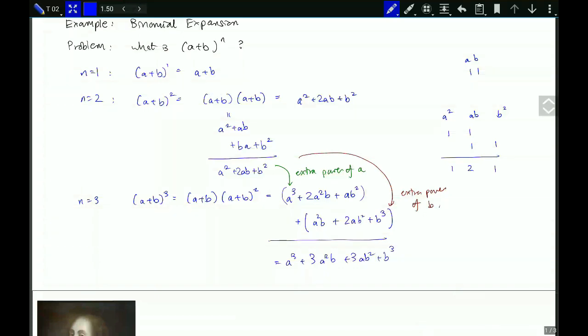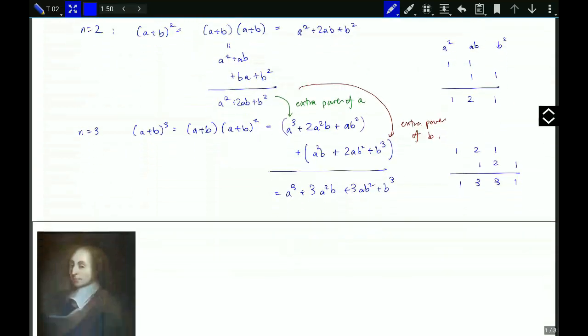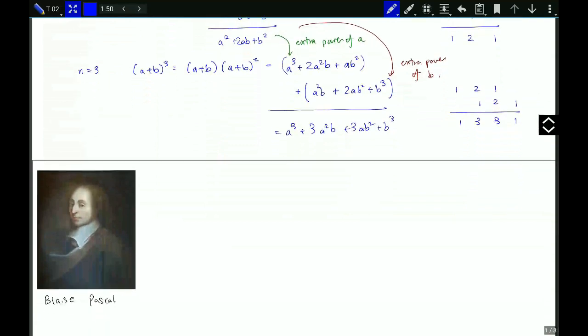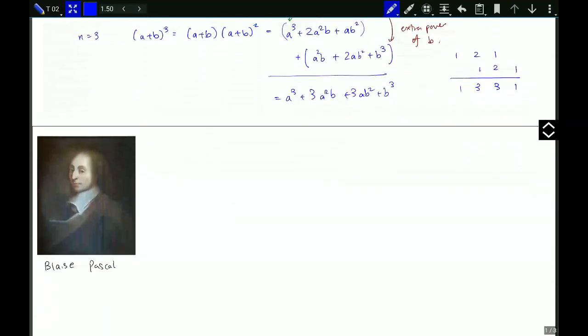And we can see under this monomial format, where if I, for instance, drop the symbols, I can see that what I've really done is I've added 1, 2, 1 to 1, 2, 1 to get 1, 3, 3, 1. And so this was studied a long time ago by Blaise Pascal, at least you might have heard of this. Working out the coefficients of these monomials is known as evaluating Pascal's triangle.